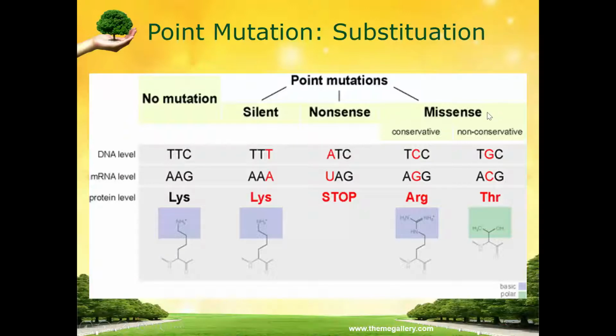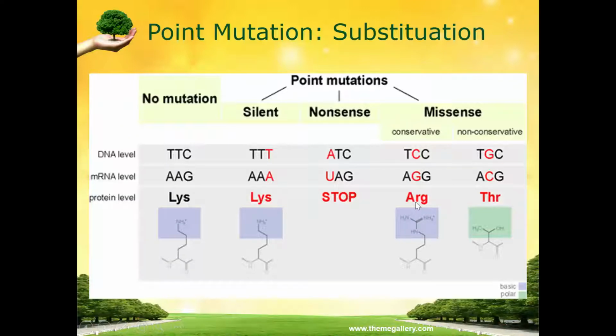Missense mutation here can be conservative or non-conservative. This type of mutation is a change in one DNA base, for example T changed to C, that results in the substitution of one amino acid for another in the protein, for example lysine changed for arginine, in the protein made by a gene.